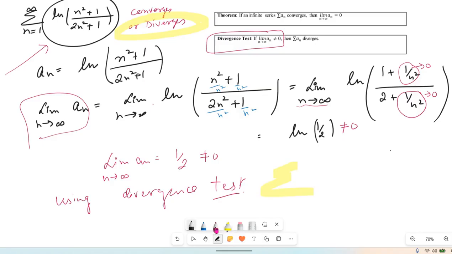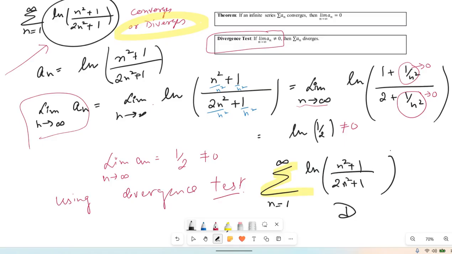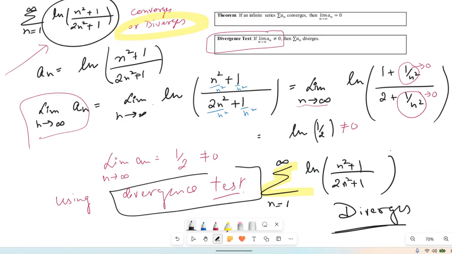So what are we going to say? The sum from n equals 1 to infinity of log of (n square plus 1) by (2n square plus 1), the given series diverges using the divergence test.